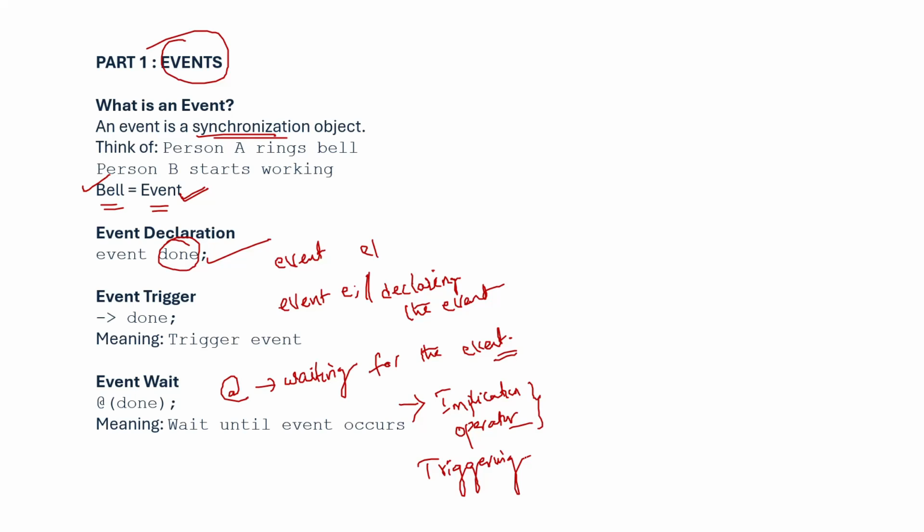I want to trigger my event. That means a wake-up call. Triggering is nothing but waking up. Before triggering, we need to stay in the event wait condition. So there is a triggering condition and a wait condition. Sometimes I will also write this wait condition like event one dot trigger, so a wait condition is there as well.